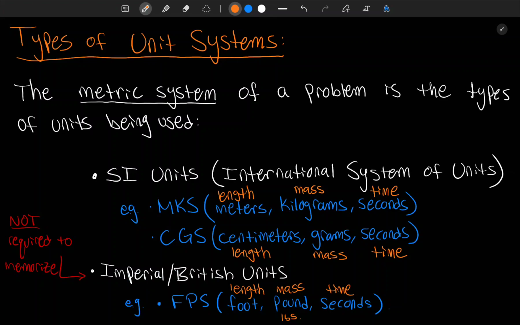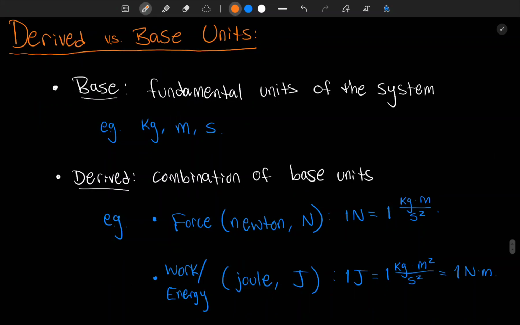But all of the examples of units that I've given so far, such as meters, kilograms, seconds, these are all base units. So base units are the fundamental units of a metric system. So for example, kilograms, meters, seconds.